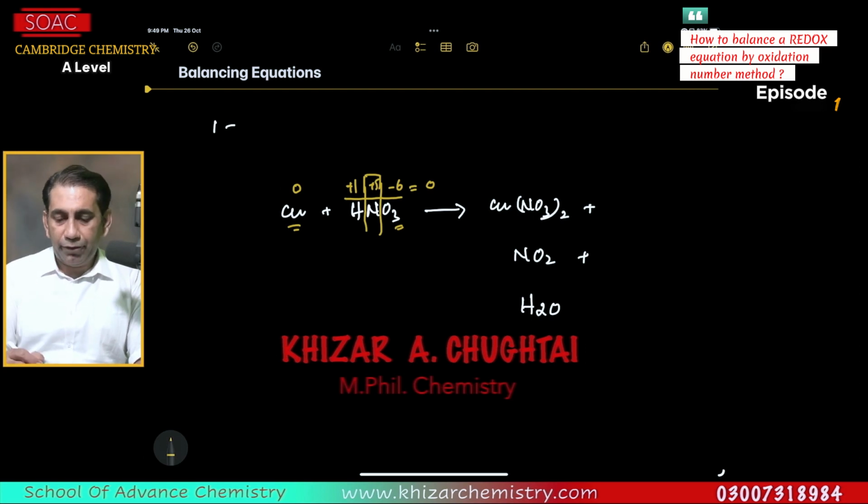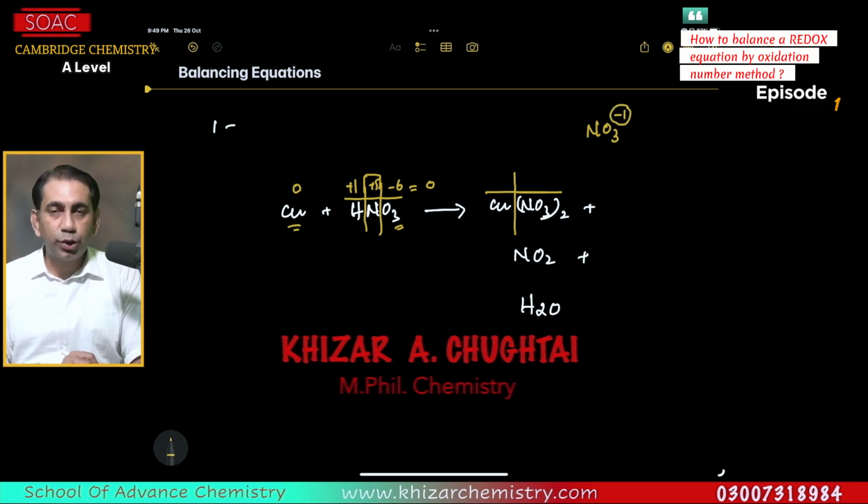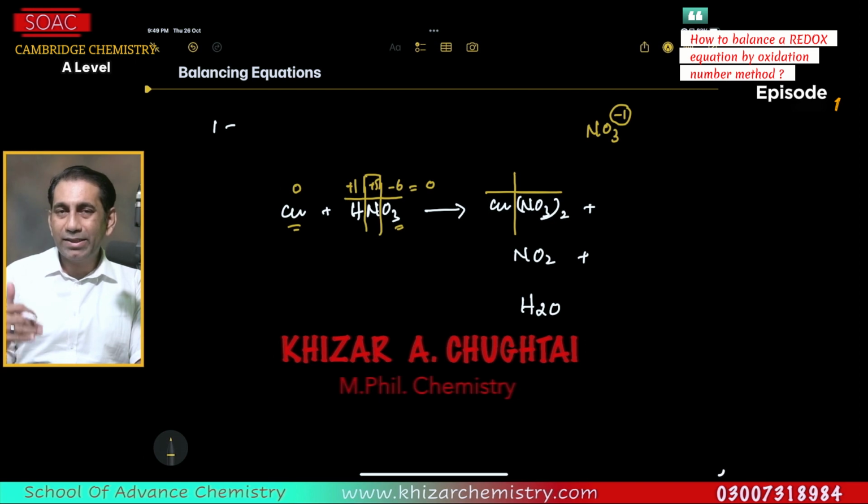Now come towards copper nitrate. You know that the nitrate ion, NO3, is a one negative ion, so it also has a one minus oxidation state. This number is basically its charge as well as its oxidation state.